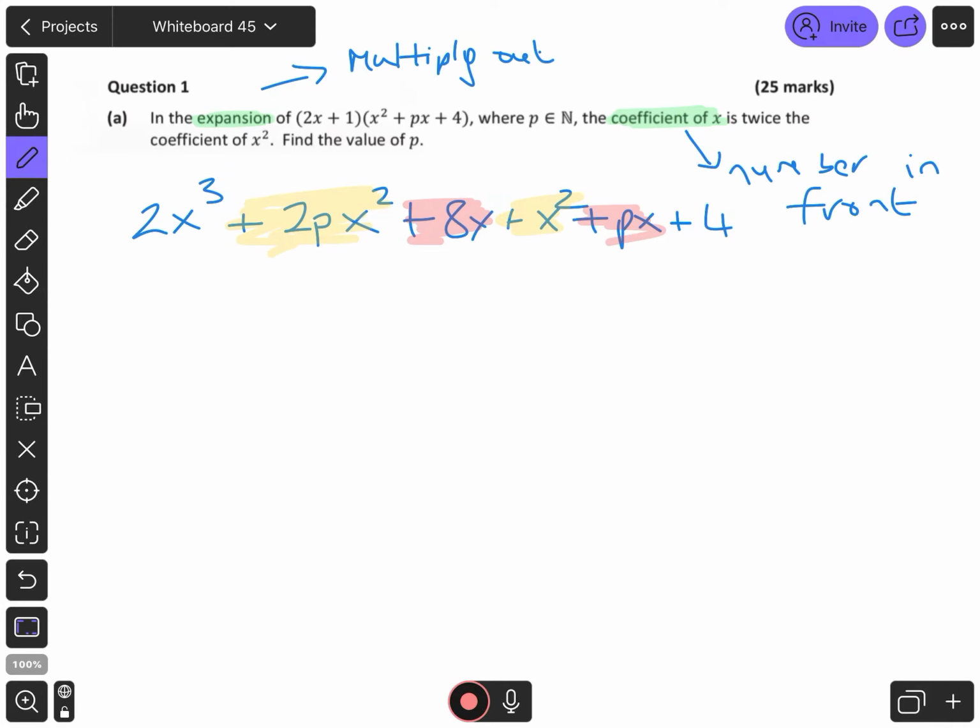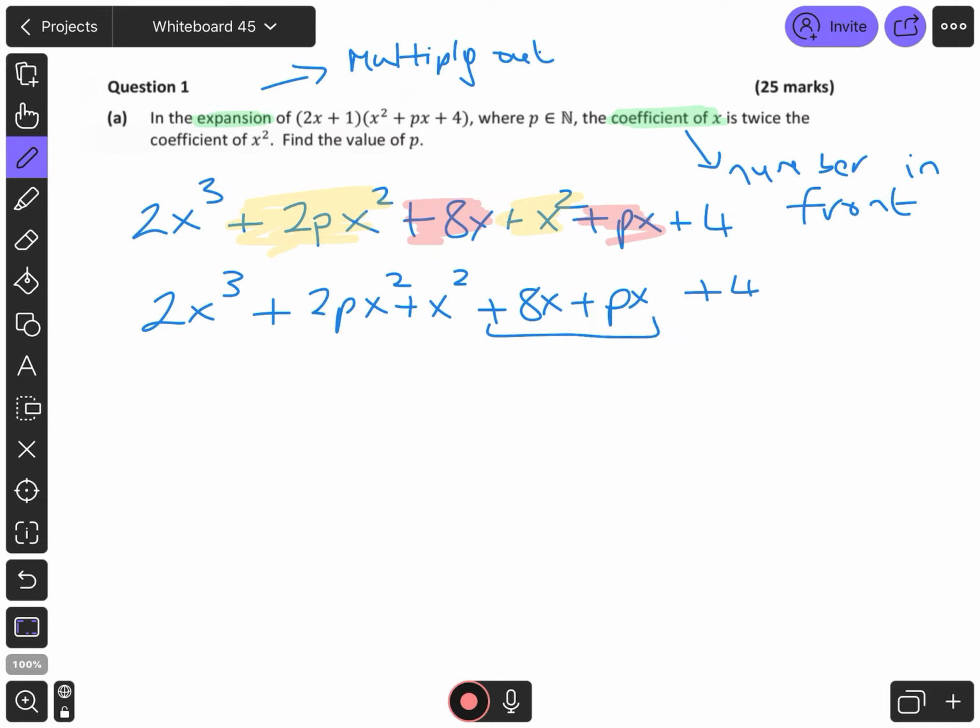So when I write that out, I'll have 2x³, that's on its own, 2px² plus x². All I can do is write them side by side because I can't really add them together, but I'll show you what we can do in a second. Same with the 8x and the px. And then the 4. So I just put them in order with the ones matching together.